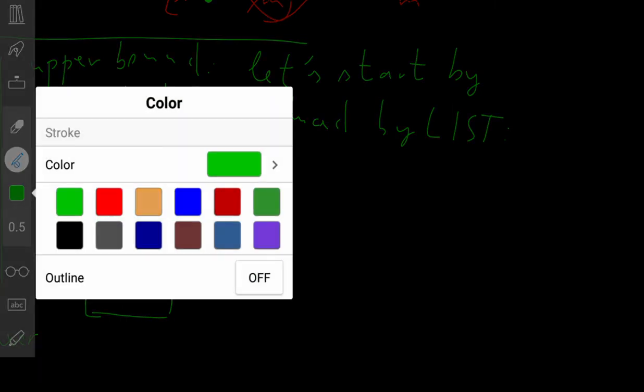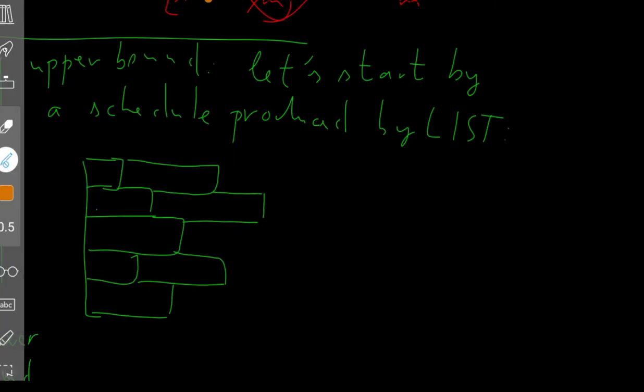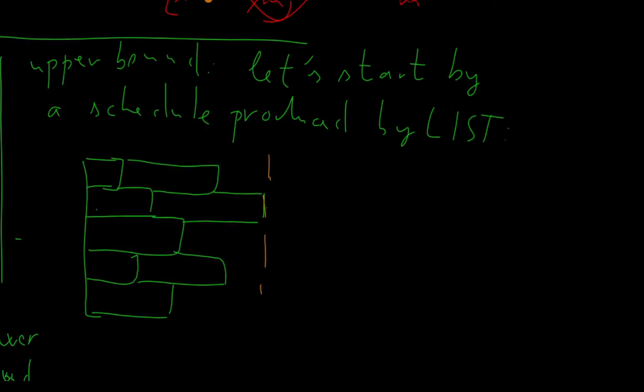Now we know that this here is the makespan, and this is what we call L. There is a machine on which there is a maximum load.